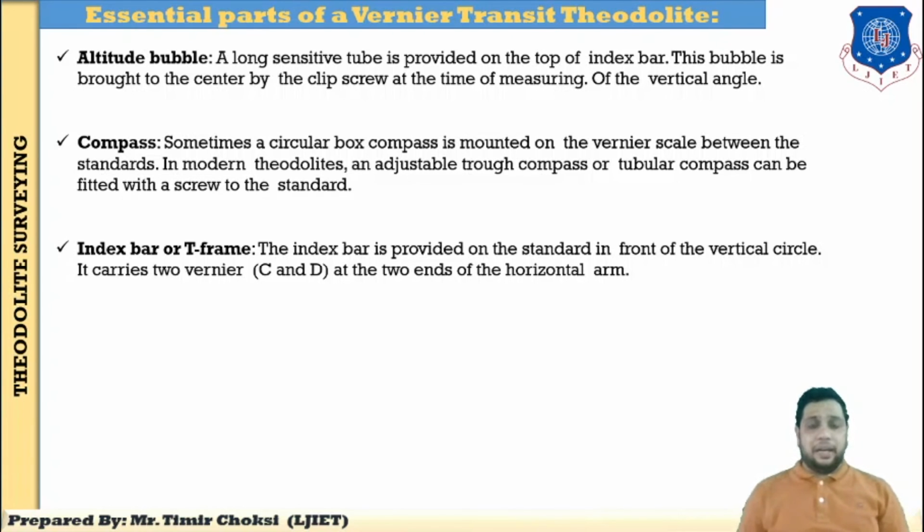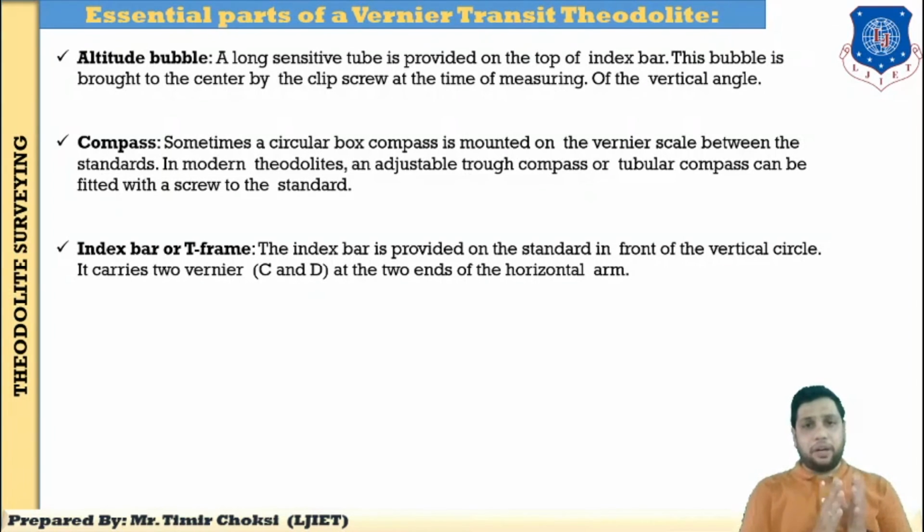Compass. Sometimes a circular box compass is mounted on the vertical scale between the standards. In a modern theodolite, a through compass or tabular compass can be fitted with a screw to the standard.